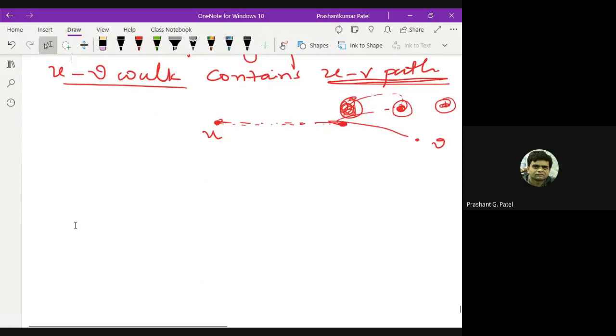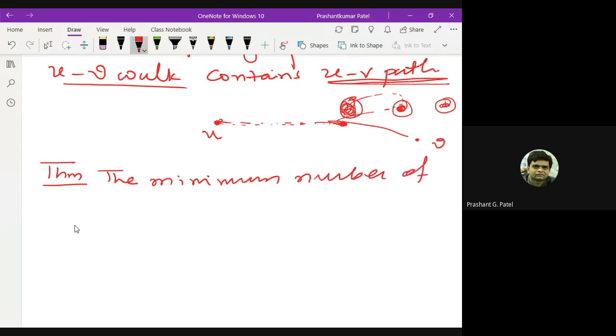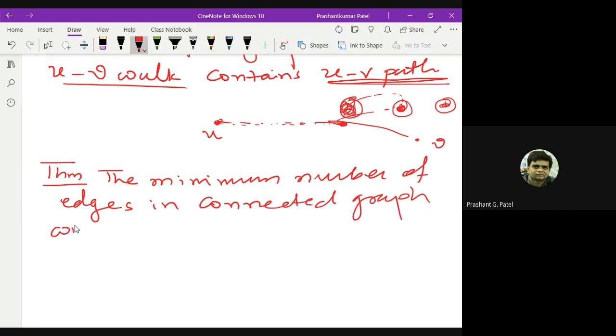Next result we'll try to prove using mathematical induction, which tells you that the minimum number of edges in a connected graph with n vertices is n minus 1.